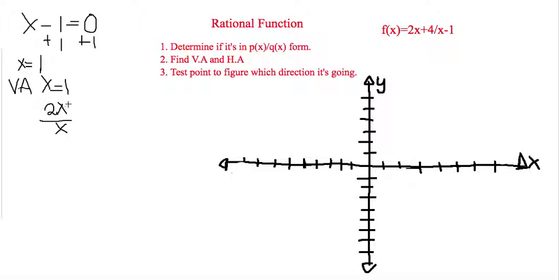Now, they both have a degree of 1, but we don't really care about the degree, we only care about the coefficient. So on the numerator we have 2, and the denominator we have an invisible 1. So our HA, y equals 2.